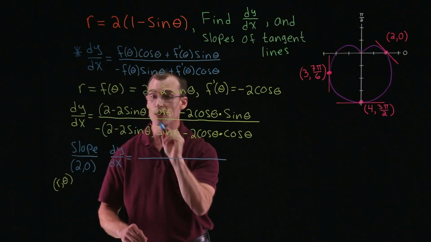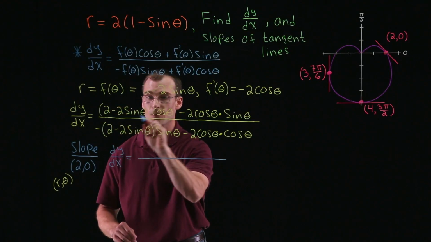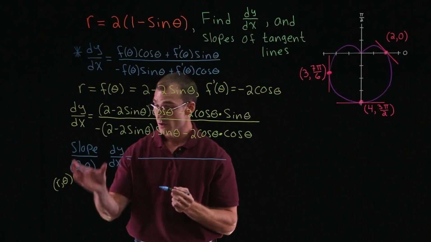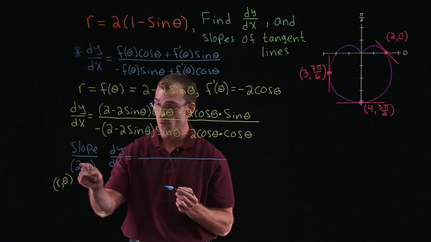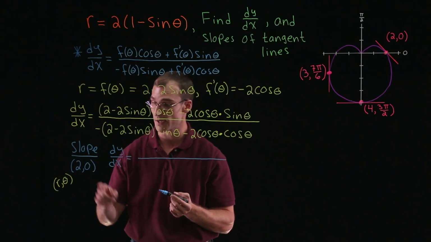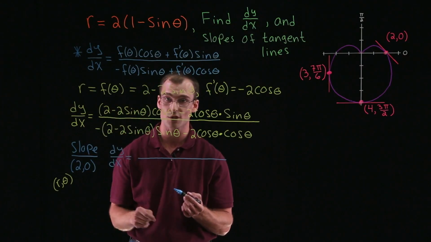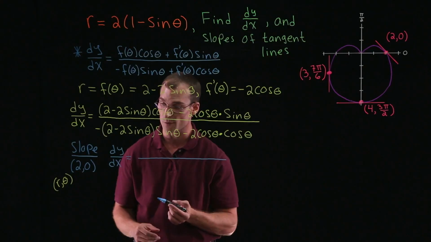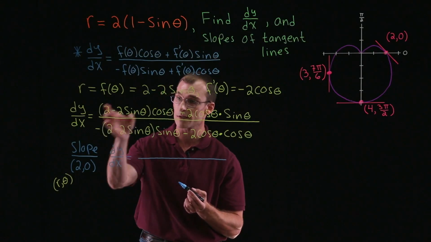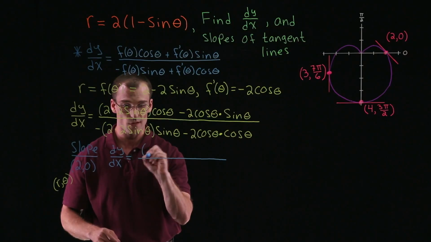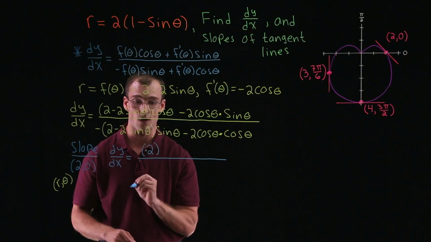plugging everything in, starting off, you take a look at this first term, 2 minus 2 sine theta. Well, that's just equal to r. So according to this point, that whole value is just 2, which of course you can get if you plug in the value of theta: sine of theta is 0, which leaves you with just 2. But to save us some work, this entire expression, 2 minus 2 sine theta, is just equal to 2, because that's r.